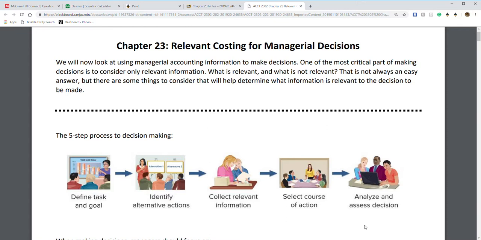We collect relevant information on these actions, and then we select which course we'll deem right, just like Thanos wanting to kill half of the universe. He had two alternatives, and he gives his reasons in the movie. After that, we analyze and assess the decision. Was it right? Are the Avengers coming for us? Kind of thing.